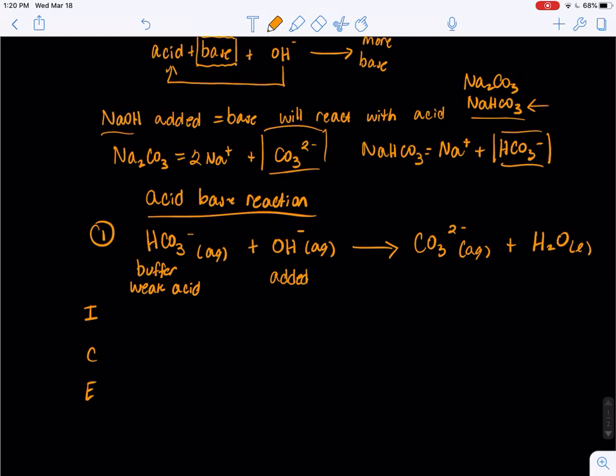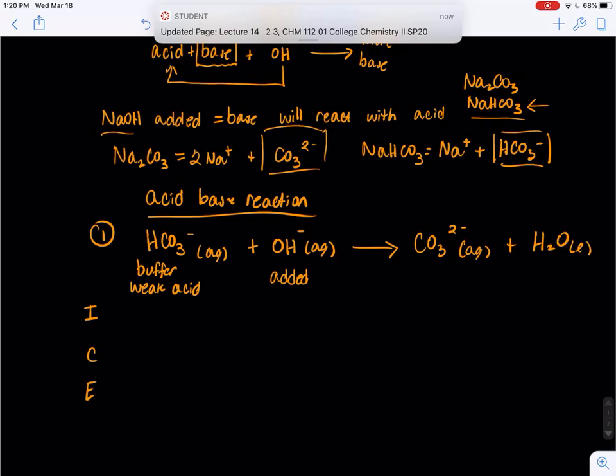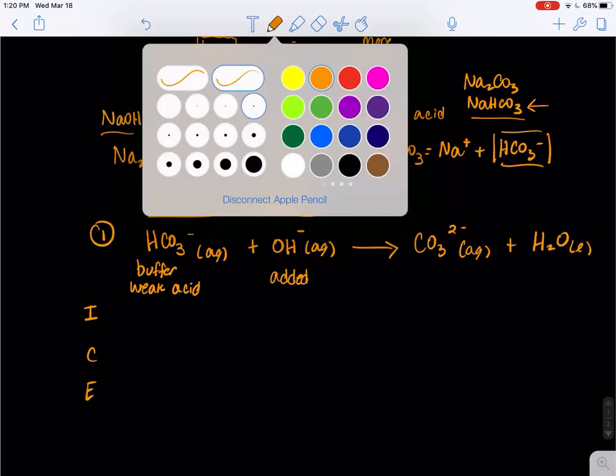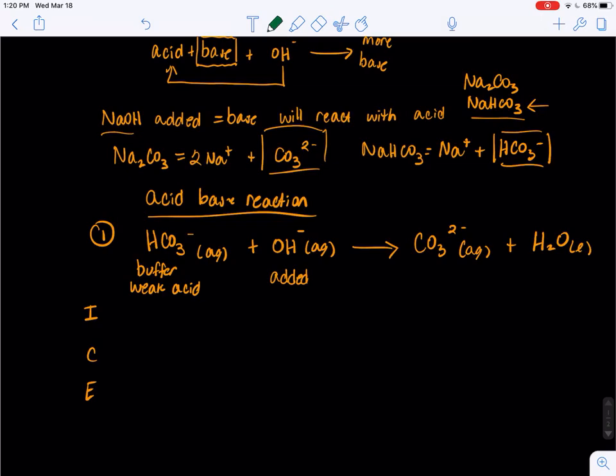So in the word problem, we have 500 milliliters of 0.2 molar.